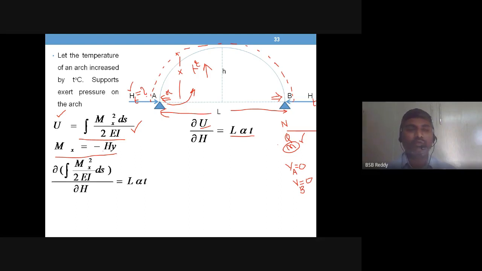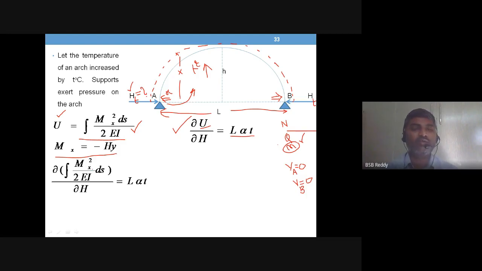So substitute this in the fundamental expression for the relation between the change in dimension and the force in that direction, that is by Castigliano's theorem, right?